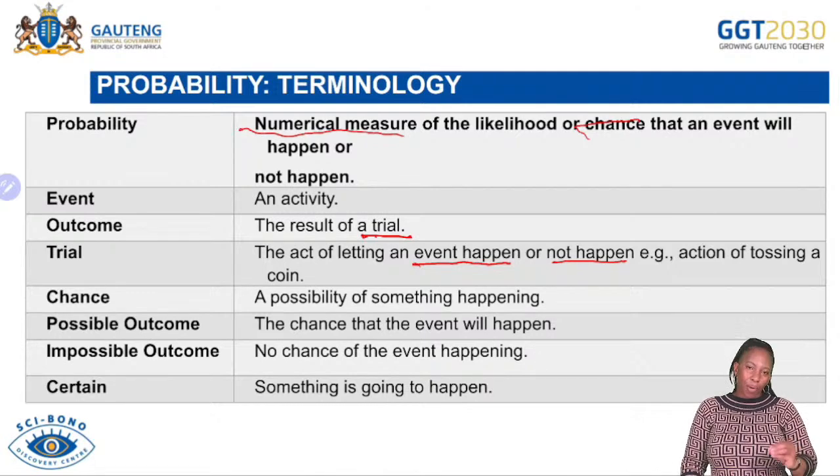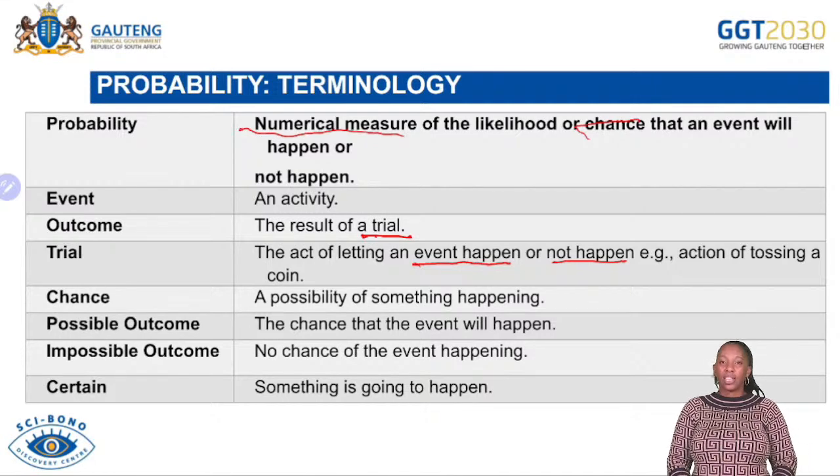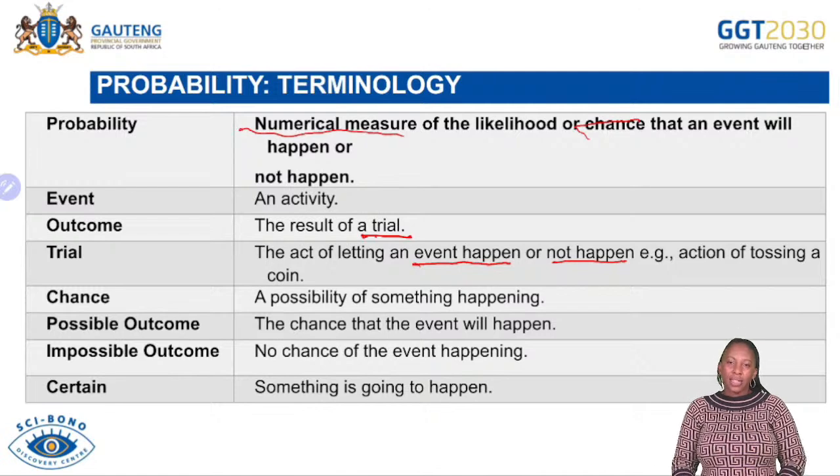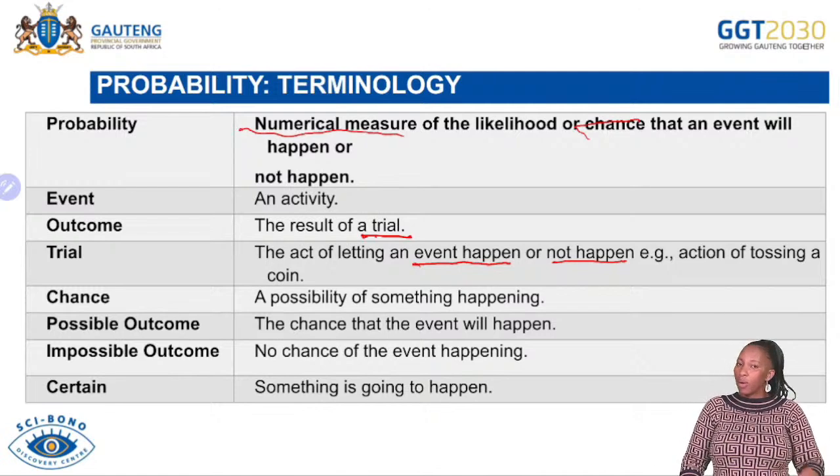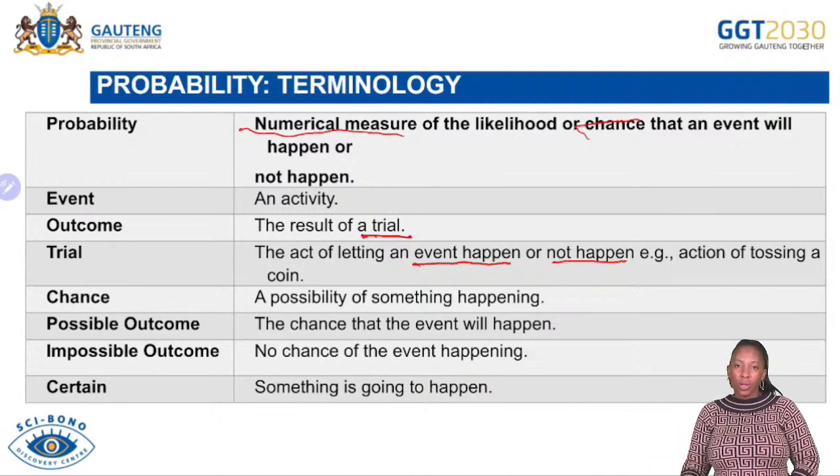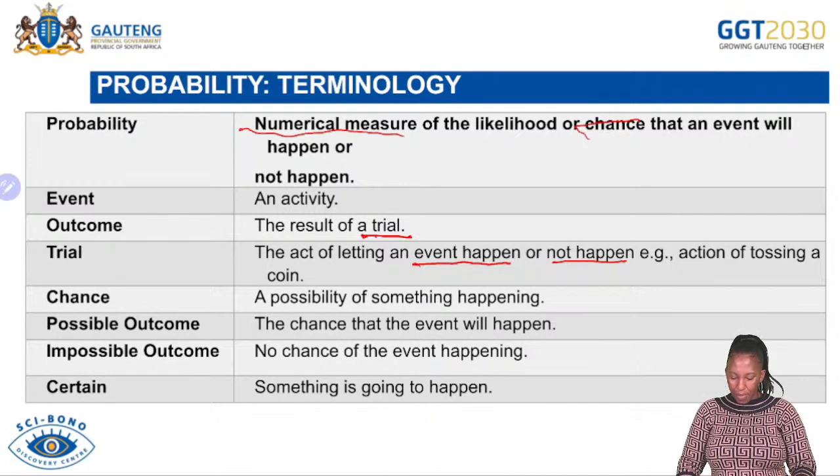Now, what are the possible outcomes from that game? As they play, there is a trial and an activity taking place, and there's a chance of something happening. What is that something? There's a chance of either Kaizer Chiefs or Mamelodi Sundowns scoring a goal. The possible outcomes are the chance that an event will happen.